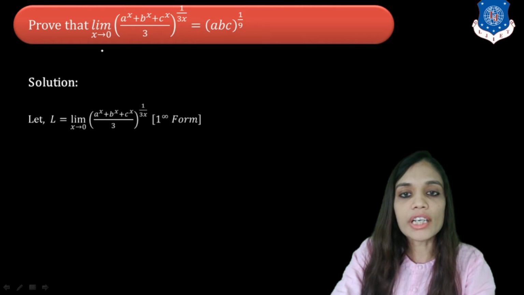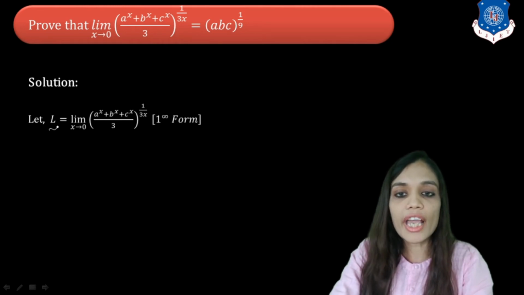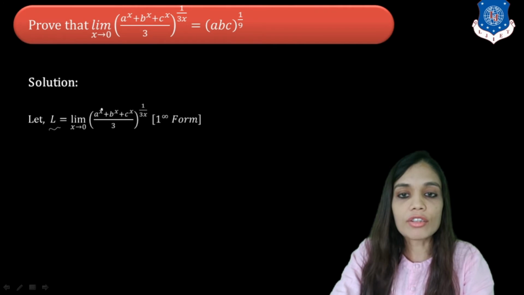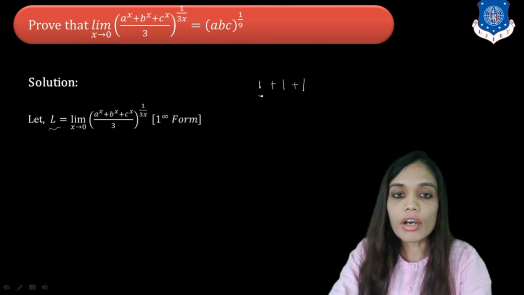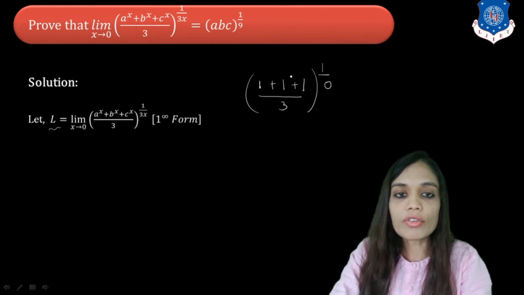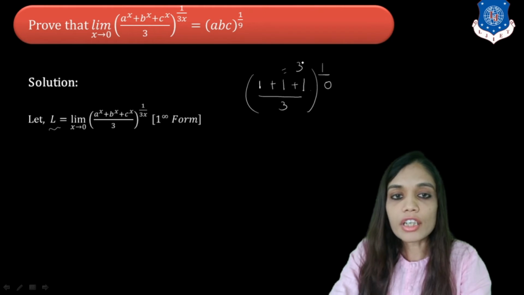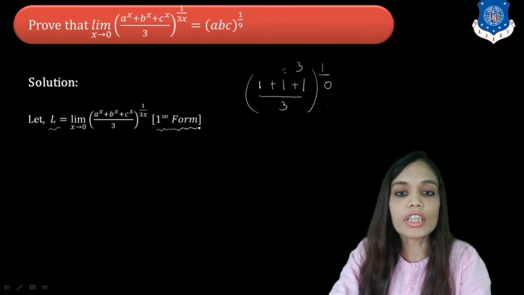Firstly, we will assume that this limit is equal to L. Now if you put x is equal to 0, what you will get? a raised to 0, that will give us answer 1. b raised to 0 means 1 plus c raised to 0, that is 1, upon 3 whole raised to 1 upon 0. So 1 plus 1 plus 1 will be equal to 3. 3 upon 3 will give us 1 and 1 upon 0 will go to infinity. In short, we have got 1 raised to infinity form.